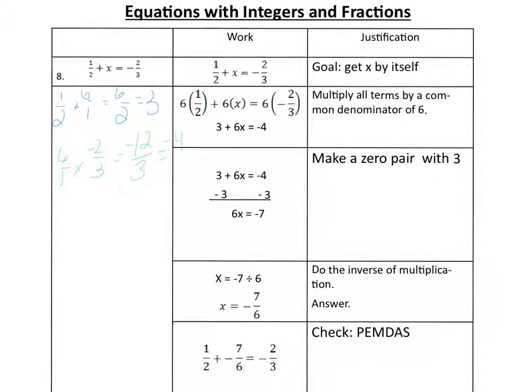So that's where the 3, the 6x, and the negative 4 came from. Remember that with 6 times x, we're just saying 6x, but I didn't forget to multiply that by the common denominator. Everything gets multiplied by the common denominator.